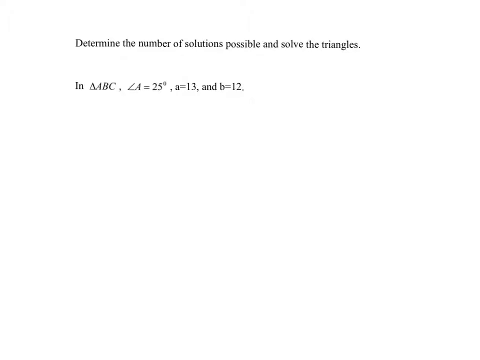So if we use that previous page to help us determine the solutions, we can start off with that last case. In this example, A is greater than or equal to B, since 13 is greater than 12. So right off the bat, we know there's going to be one solution for the triangle.